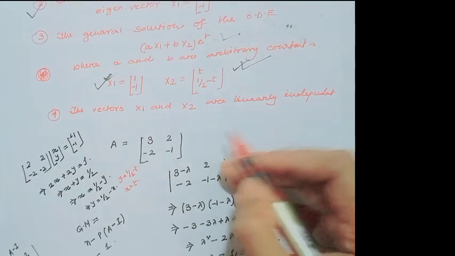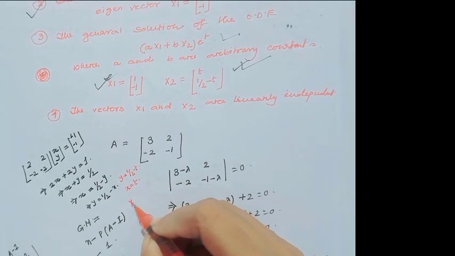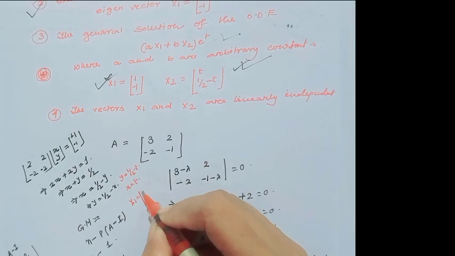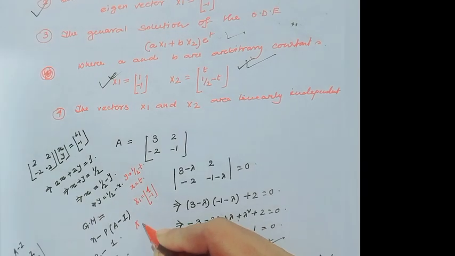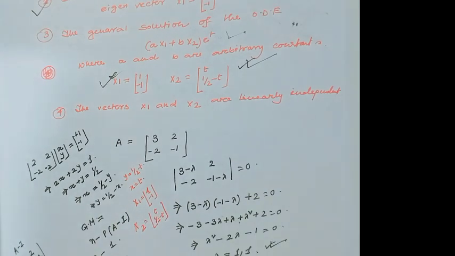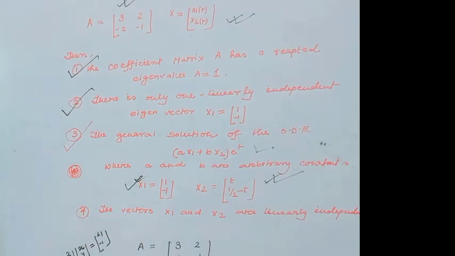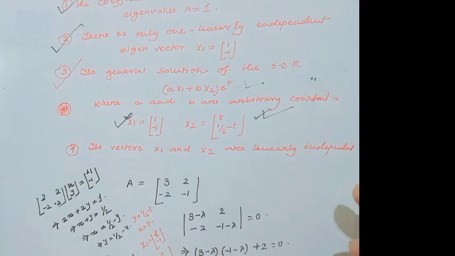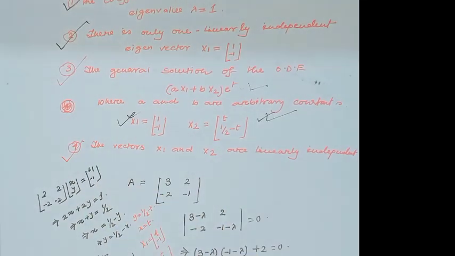Then the solution would be, if x1 equal to 1, minus 1, then x2 would be t, half minus t. I hope all my viewers have understood. That means options 1, 2, 3, and the vectors x1 and x2 are linearly independent. 1, 2, 3, 4 are right options.